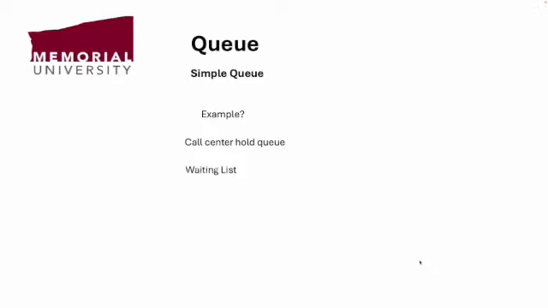Waiting list, right? If a daycare or anything, we have a waiting list based on first come, first served, right? Print jobs for a printer are also put into the queue. The print jobs are waiting, and are done by sequence.